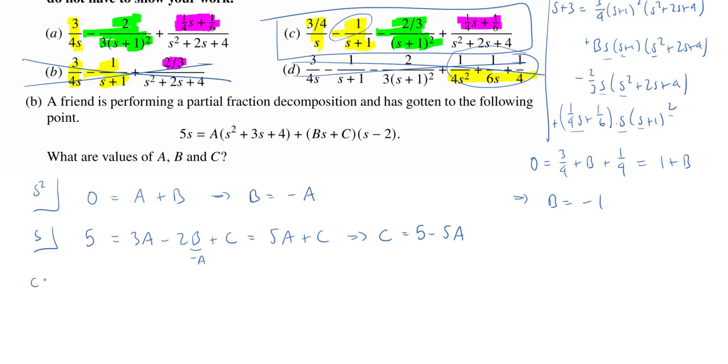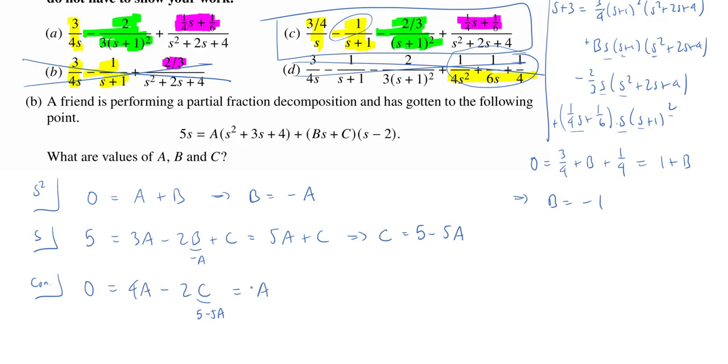Well, let me check the constants now. So I have no constant on the left, and on the right I would get A times 4. And then B already has an s on it, so the only constant I can get is C times negative 2. So 4A minus 2C. But I know that C is equal to 5 minus 5A, and I'm going to multiply that by negative 2.